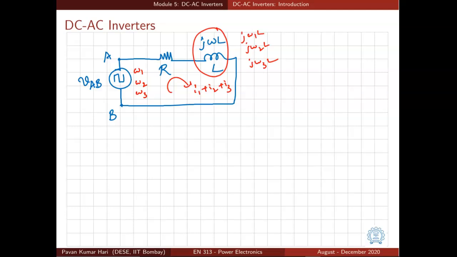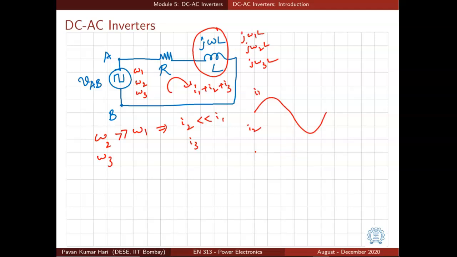Now let us say omega 2 is much larger than omega 1, and of course omega 3 is even larger. Then what will happen? I2 will be much smaller than I1, and I3 will be even smaller. So if the fundamental component is causing this kind of current, the current caused by VAB at omega 2 will be very small, like this, for example.